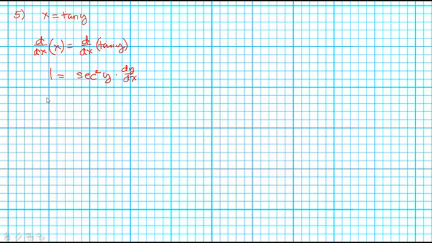Now, let's divide both sides by secant squared, and I get 1 over secant squared y is equal to dy/dx. Or, seeing that secant is defined as 1 over cosine, this is really equal to cosine squared y is equal to dy/dx. That's number 5.